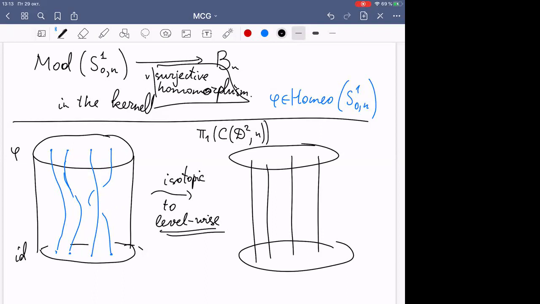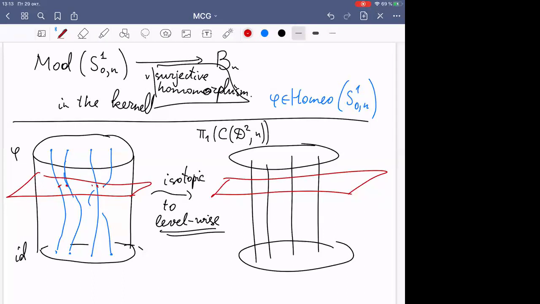It is isotopic so that every level remains here. Points on every level remain on the same level through the isotopy.